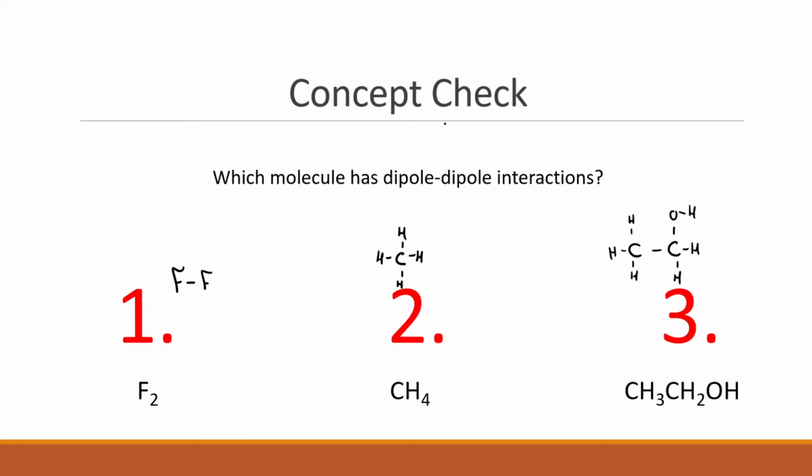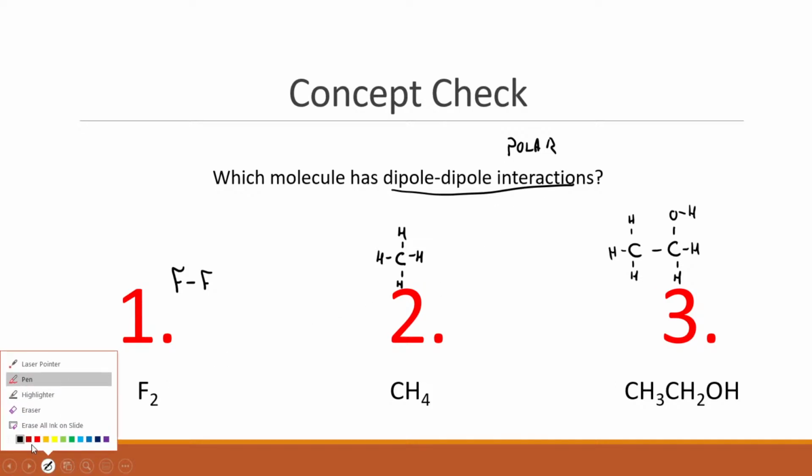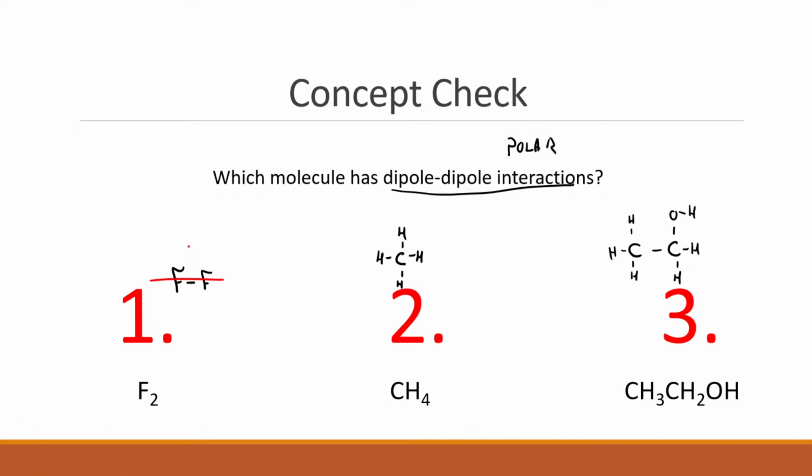For something that has dipole-dipole interactions, we are looking for a polar molecule, something that has only one or no lines of symmetry. And we can find that here in choice 3. This molecule has no lines of symmetry that I can draw in it. It is a polar molecule.